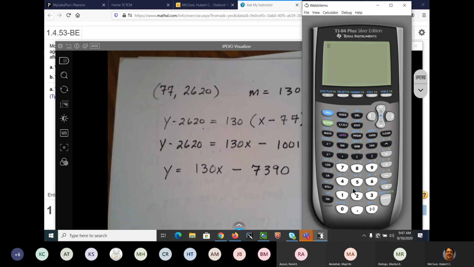Clear. 130 times 70 minus 7390. So that check would be 1710. Okay, so that's that question.